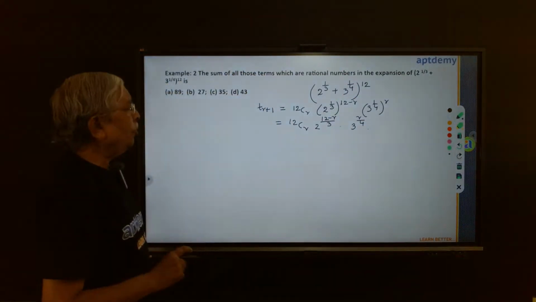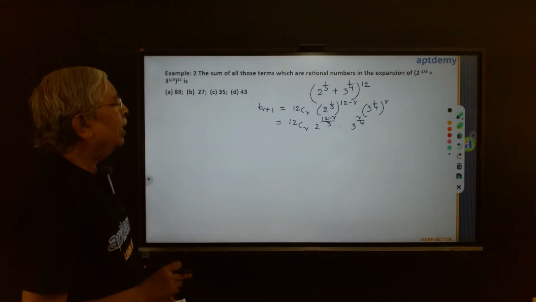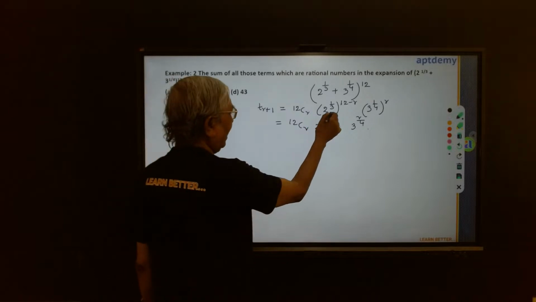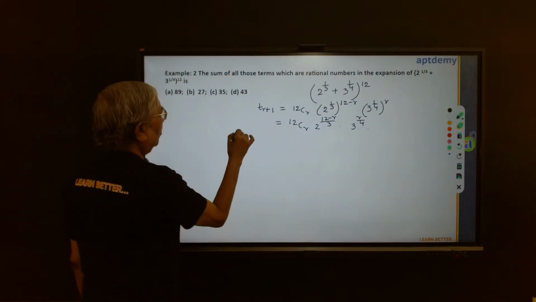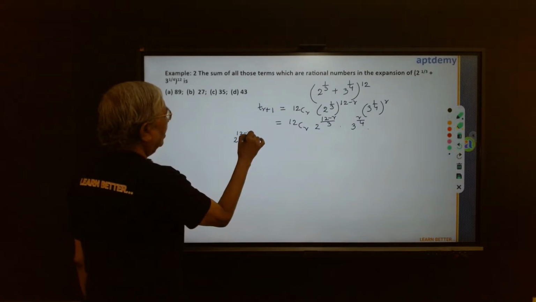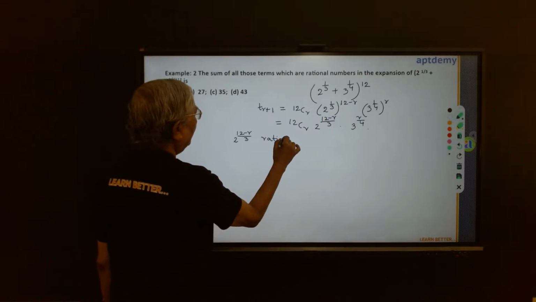Next, what do you want? All those terms which are rational numbers. So if 2 to the power (12 minus r) by 3 is rational, what will be the value of r?